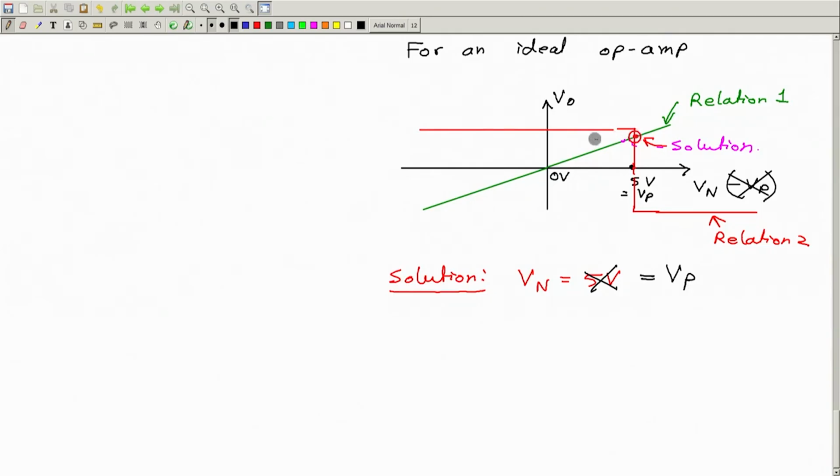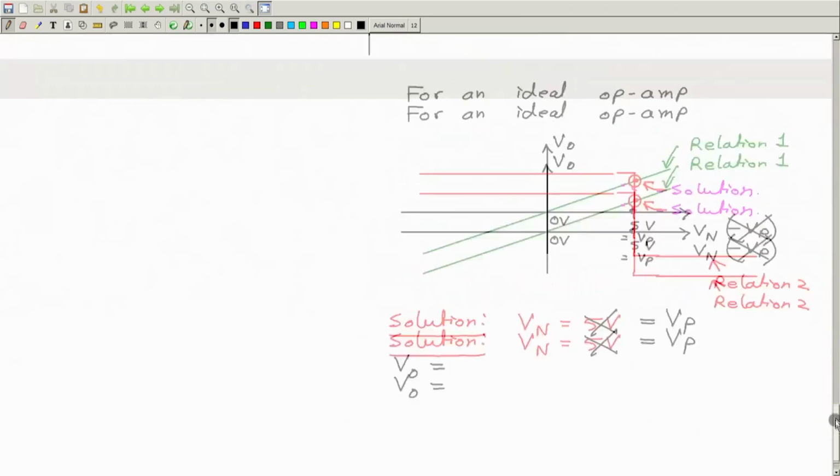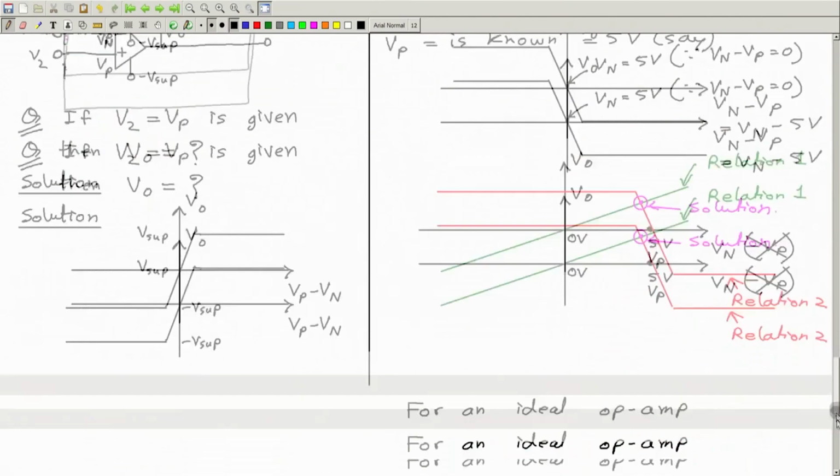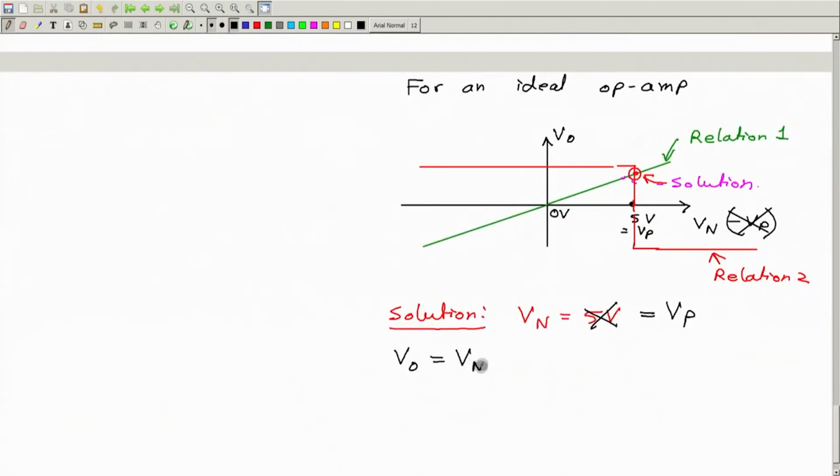And how much is Vo? So now Vo, let's use this equation. Vo is Vn times this. And now let's put the value of Vn. We have Vn is Vp.